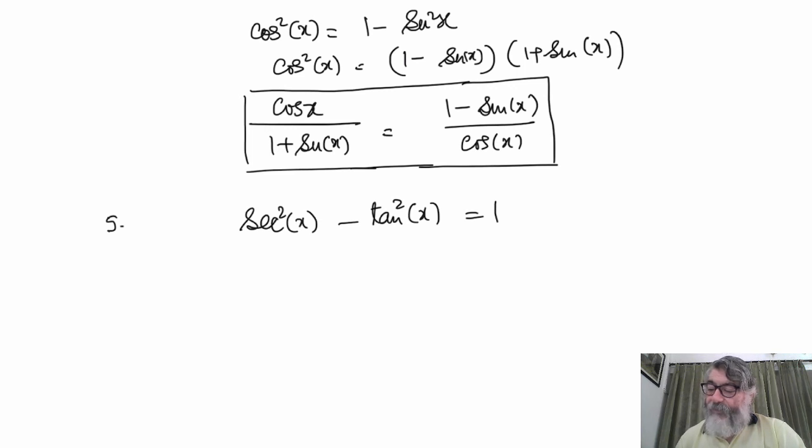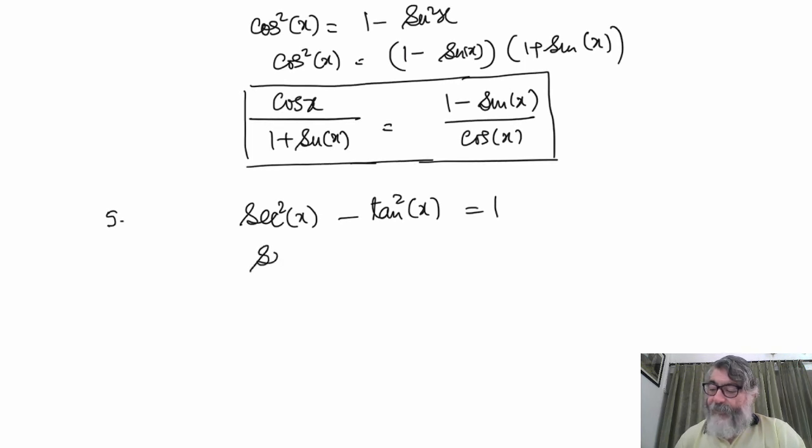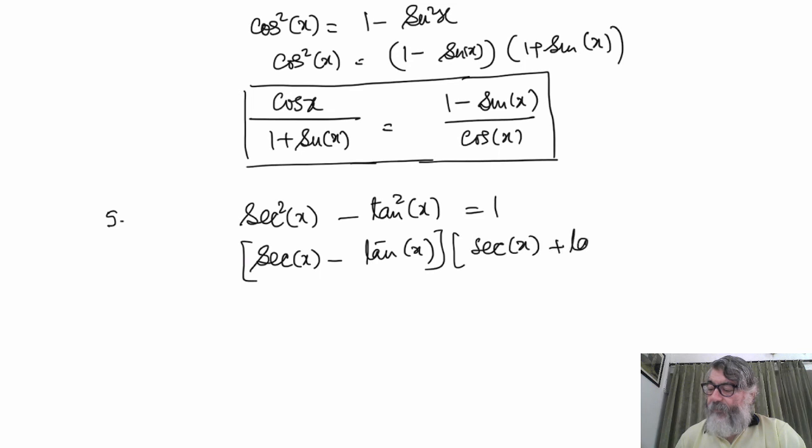Now again it is a square minus b square. I can write it as sec x minus tan x, one factor, and sec x plus tan x, another factor, is equal to 1.